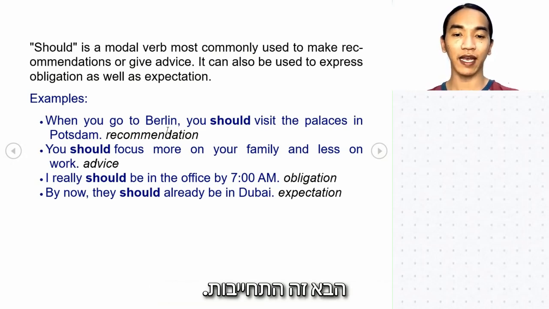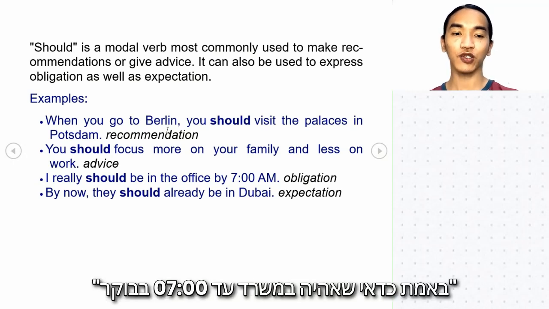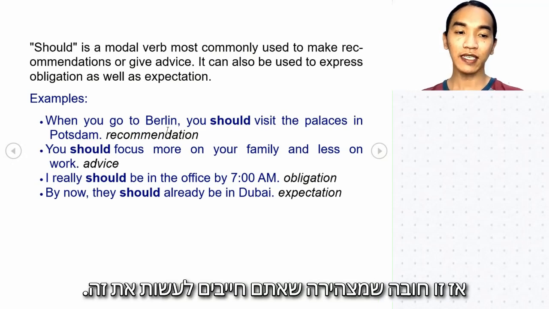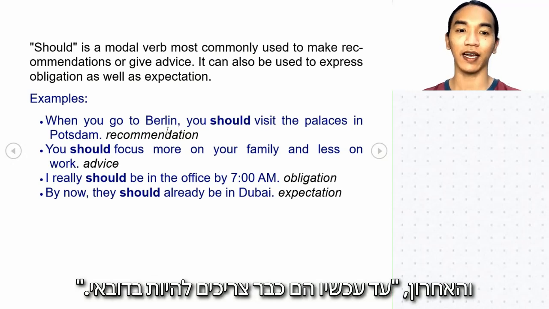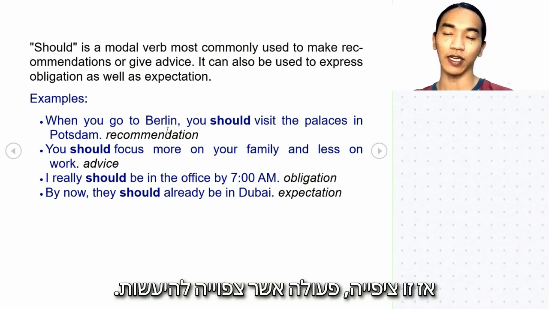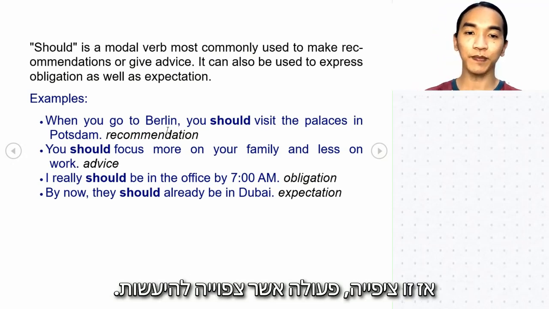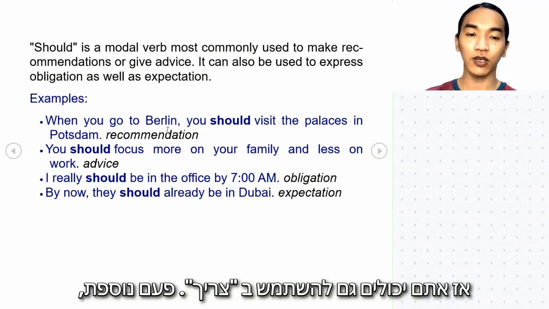Next, obligation. I really should be in the office by 7 a.m. So this is an obligation stating that you must do it, okay? And the last one, by now, they should already be in Dubai. So this is expectation, an action that is expected to be done. Then you can use should.